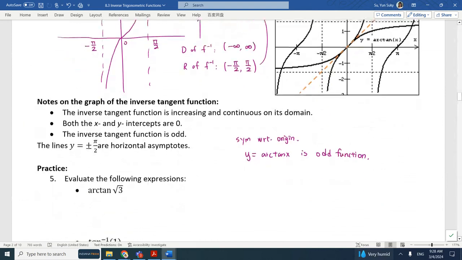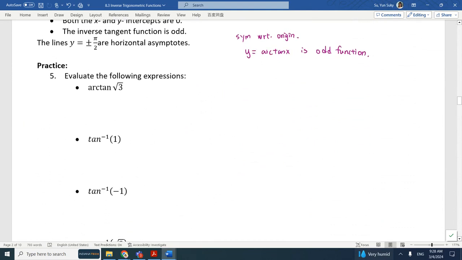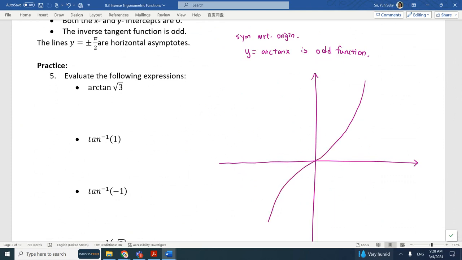Okay, now how do we evaluate the following expression? Draw it. You see, I don't need to draw the inverse tangent, just draw the tangent. So draw a big tangent, negative pi over 2 and pi over 2.